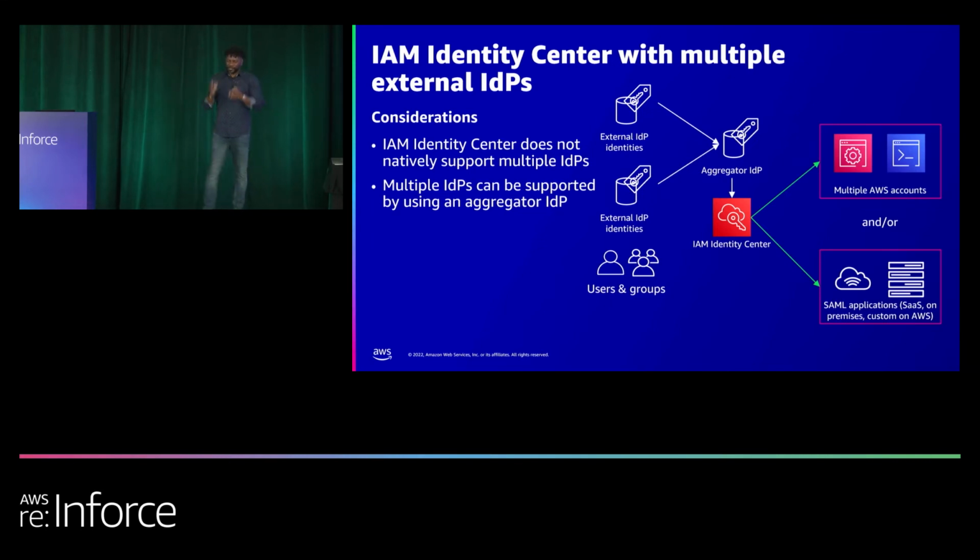So it presents a single interface, and then you can set up SAML federation from multiple other external IDPs to that aggregator IDP or that bridge, which then presents a single interface to IAM Identity Center. It's a pretty common deployment model. It's a question we get very often, and it works quite well. An example of an IDP that can function as this aggregator IDP is Okta Universal Directory, for example. That's a deployment I've seen many times, and it works quite well.